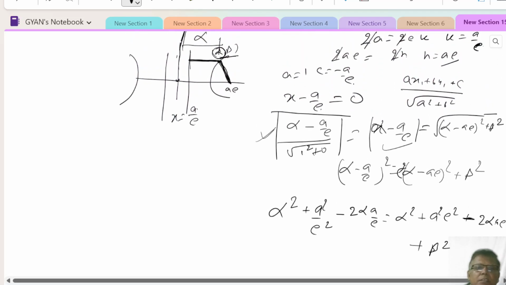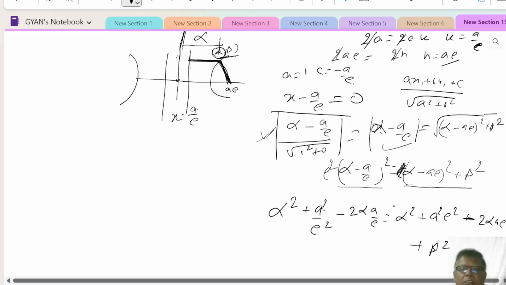See, this distance divided by this distance is equal to e. So this distance divided by this distance is equal to e. So e square will be here.